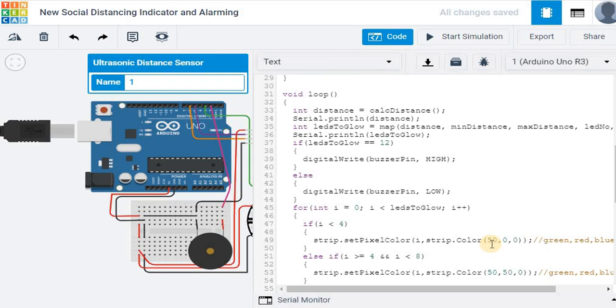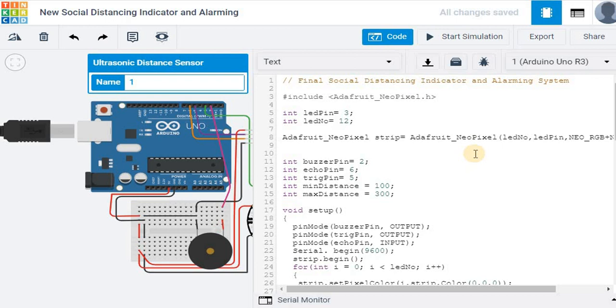The LEDs start glowing with a decrease in the distance between the person who is carrying this system and the other person who is not. If the distance reaches 100 centimeters or less, then the buzzer activates and indicates social distancing violation along with all 12 RGB NeoPixel ring LEDs glowing.